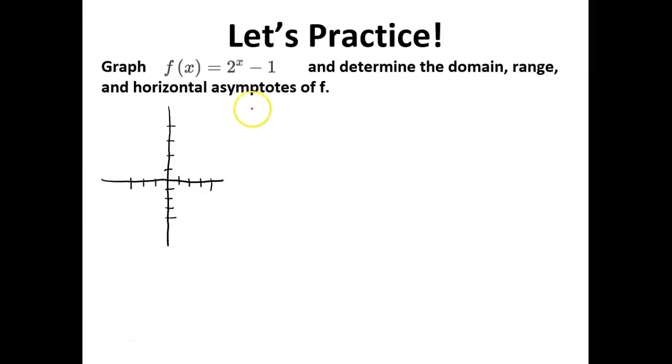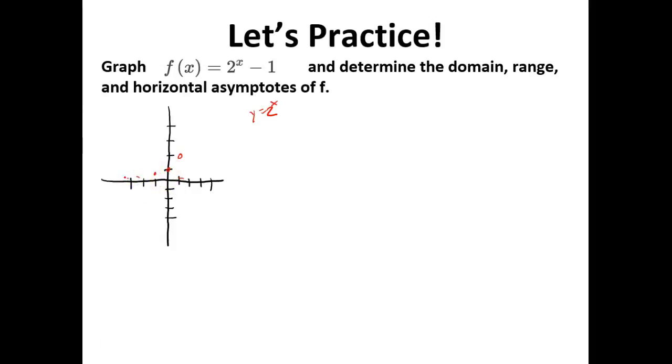The parent function of this is 2 to the x, so if I think of it like y equals 2 to the x, there's 3 points I always know. I know -1, 1/2, so that's going to be right about there. I know 0, 1 is right there, and then 1, 2. Those are 3 points that are always going to be true.